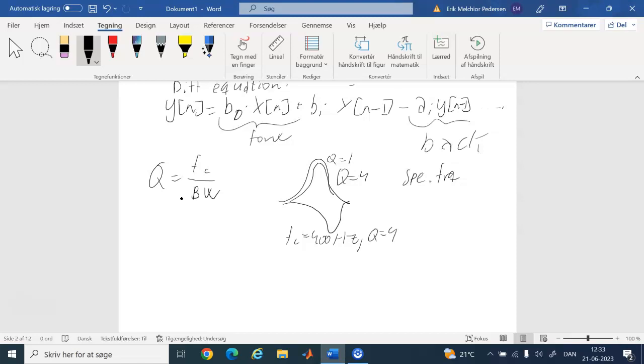This is the Q factor. There could also be another one where the FC is the same 400, and G is 12, or maybe G is 6, and so on.